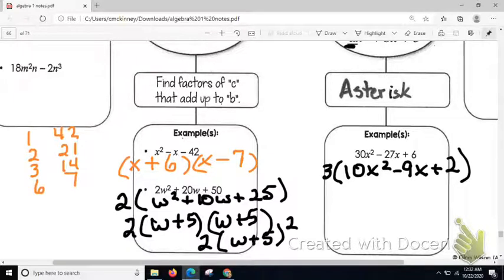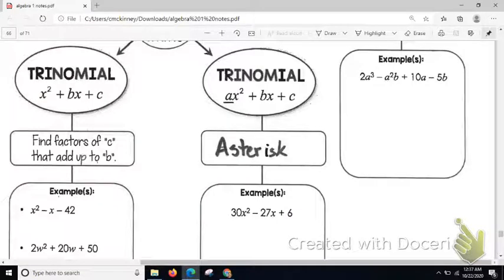So the other one we're going to fill in on this chart is our grouping problem. There on the far right, you have one that has 4 terms. It does not all have something in common, so there's not a GCF first.